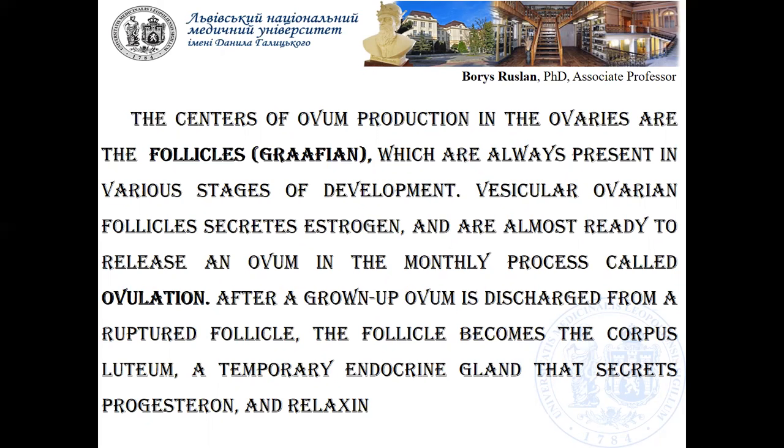Mature ovarian follicles secrete estrogen and are almost ready to release an ovum in the monthly process called ovulation. After growing up, the ovum is discharged from the ruptured follicle. The follicle becomes the corpus luteum, a temporary endocrine gland that secretes progesterone and relaxin.